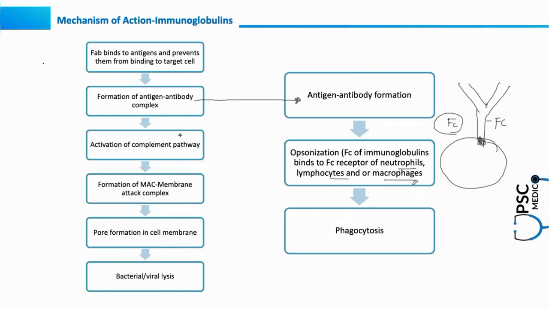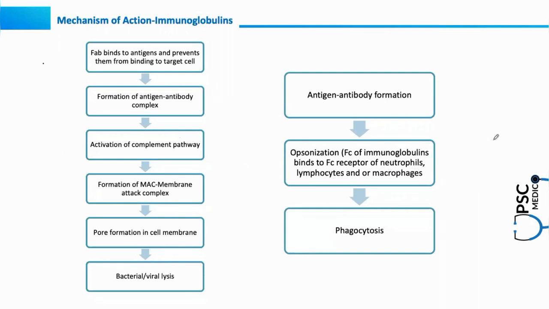And what do they do? Neutrophils, macrophages, or lymphocytes phagocytize. See, the neutrophils are the policemen of the body. Whenever they look at an antigen with an antibody, the complement helps in lysis. But along with the complement, for the opsonization part, the phagocytosis part is taken over by the Fc portion. So this is one method.